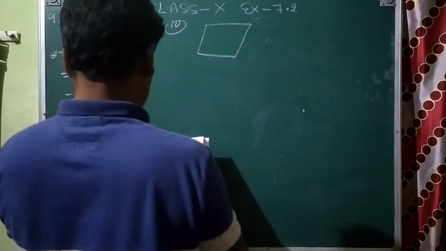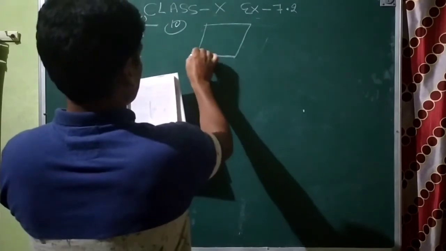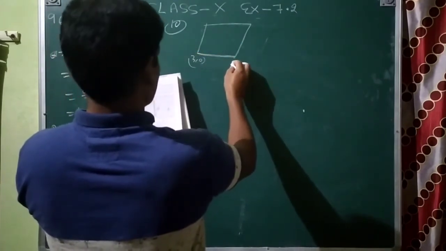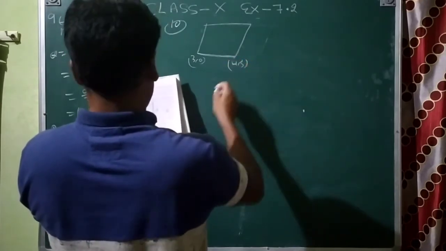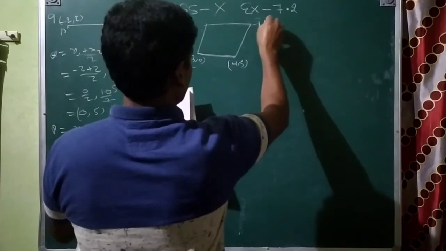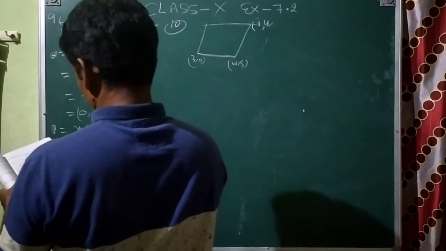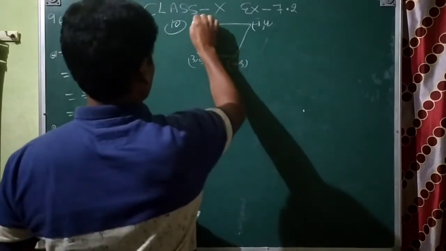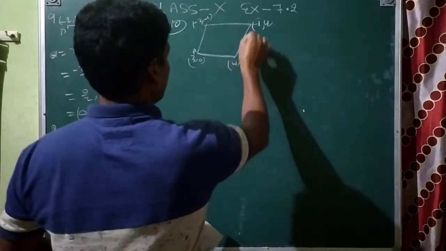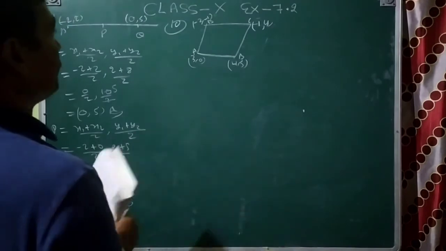The points are (3, 0), (4, 5), (minus 1, 4), and (minus 2, minus 1). So we can write A, B, C, D. We need to find the area.